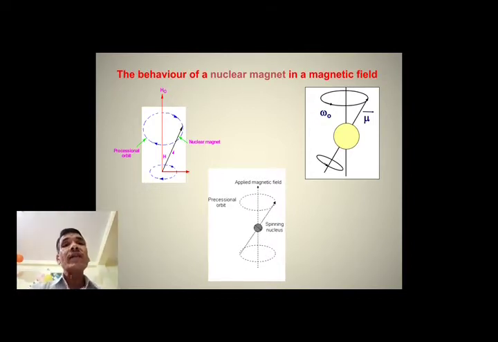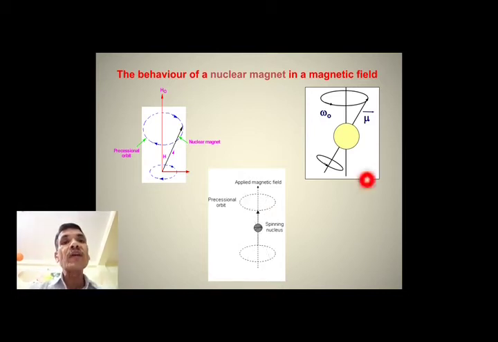Hence, when such a tiny bar magnet or a charged particle spins around its own axis under the influence of an externally applied magnetic field, it behaves as a nuclear magnet in a magnetic field H0.